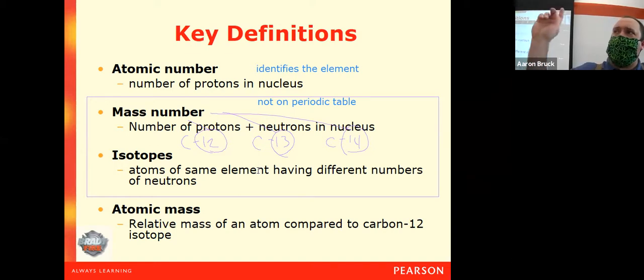So, for example, if I look at carbon, the atomic mass of carbon is 12.01. I just told you that the 3 different isotopes of carbon are carbon-12, carbon-13, and carbon-14. So if the average mass is 12, and those are my 3 options, which isotope is the one that's the most common? The carbon-12.